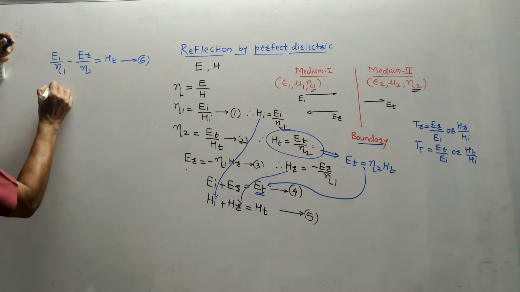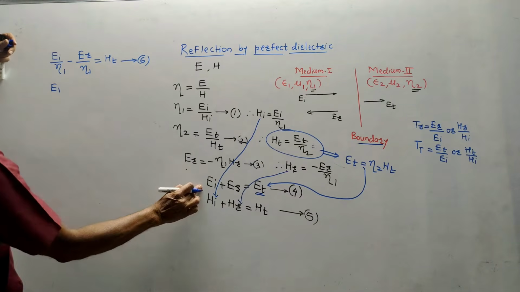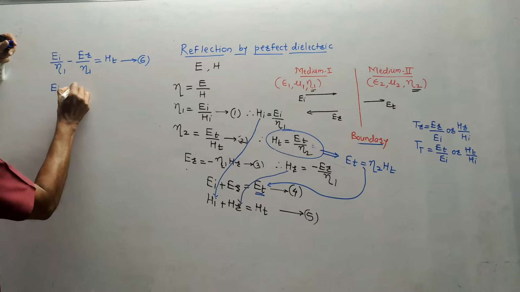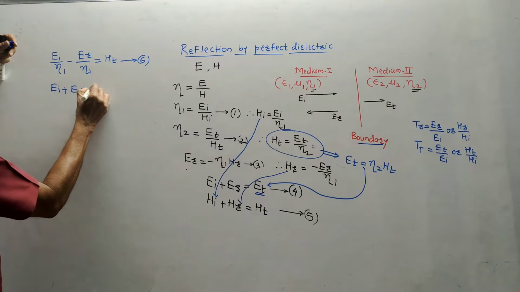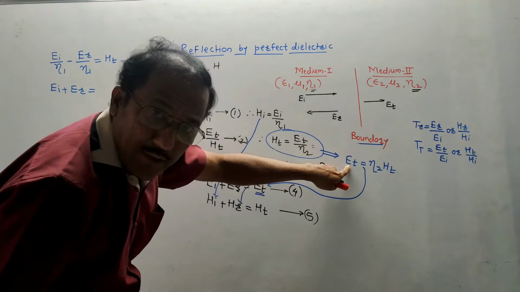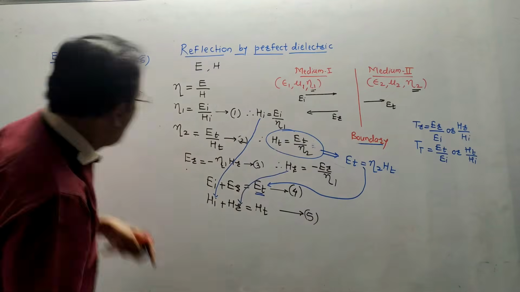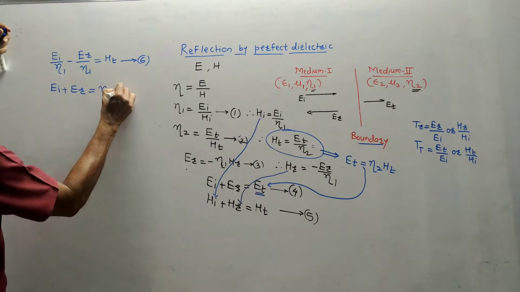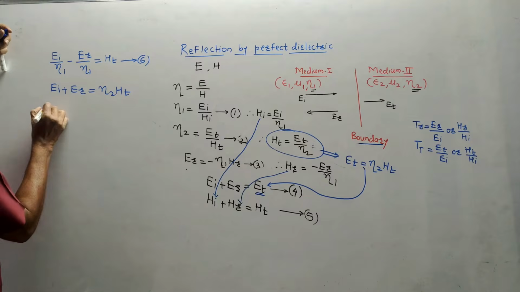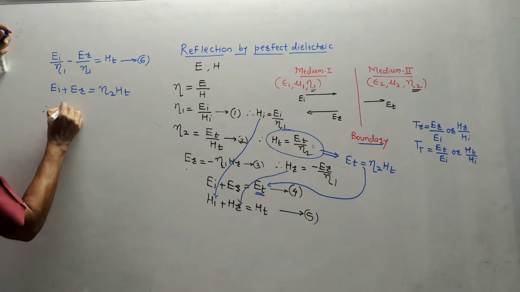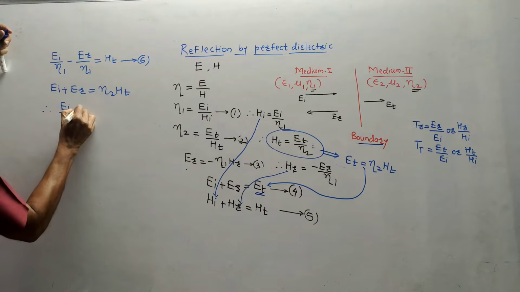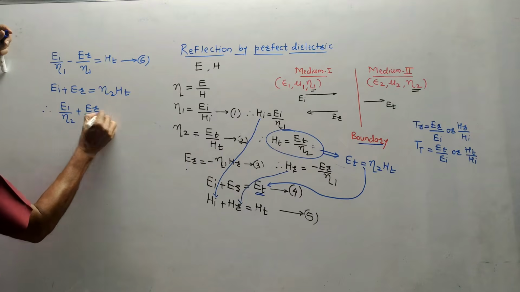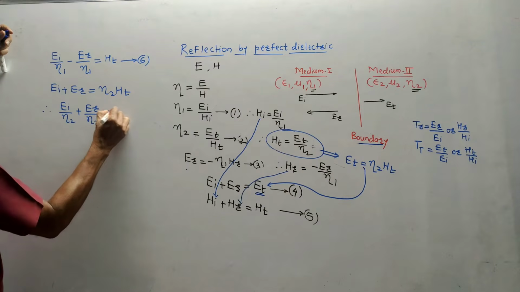LHS remains as it is, that is, LHS of equation 4 is EI plus ER. It remains as it is, equal to, in place of ET, put the value eta 2 into HT. So it becomes eta 2 into HT. Therefore, I can write it like this, EI upon eta 2 plus ER upon eta 2 is equal to HT.